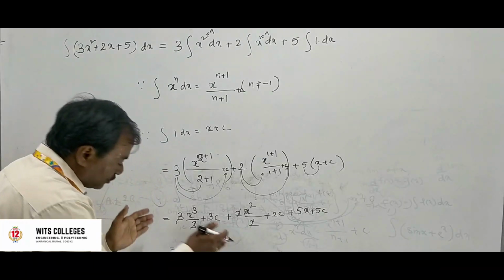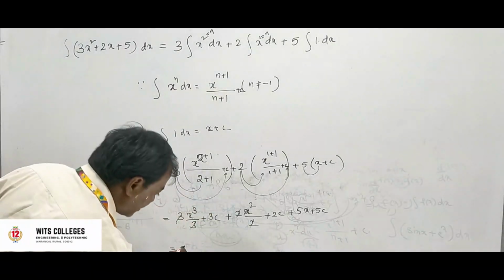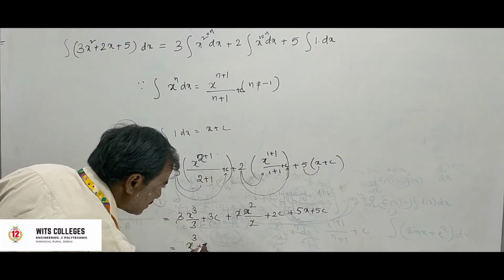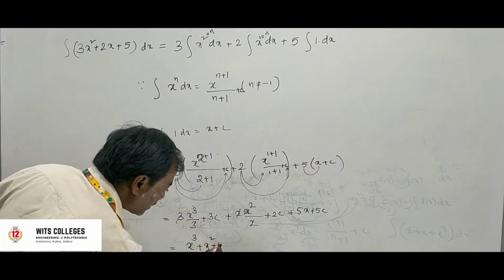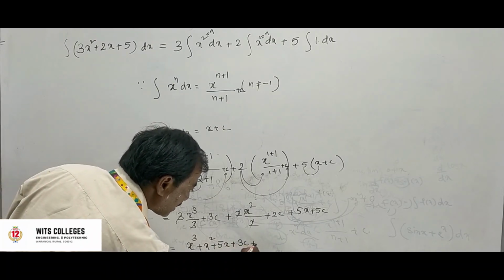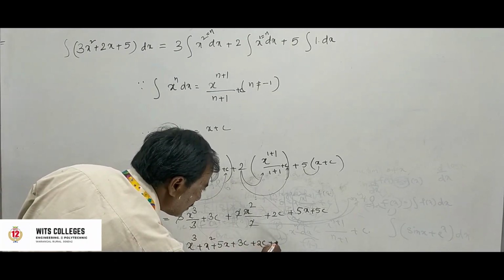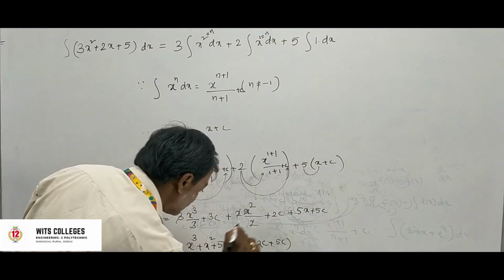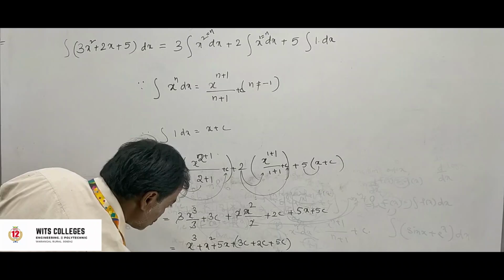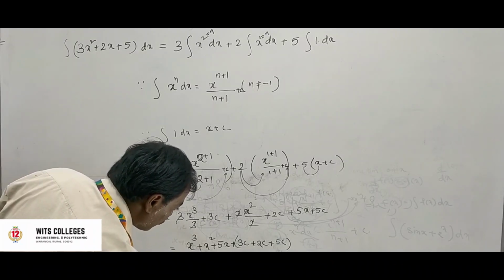So first we have to write the x terms on one side: x cube plus x square plus 5x plus 3c plus 2c plus 5c. So therefore x cube plus x square plus 5x.